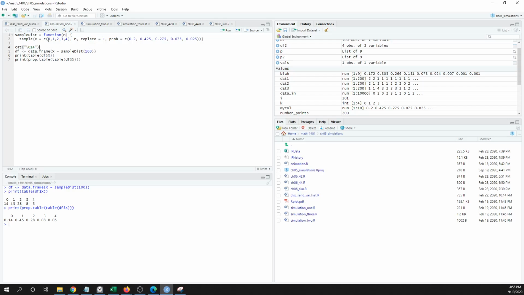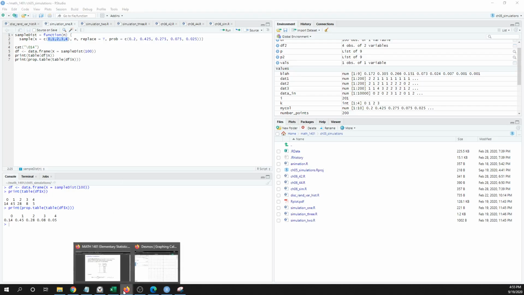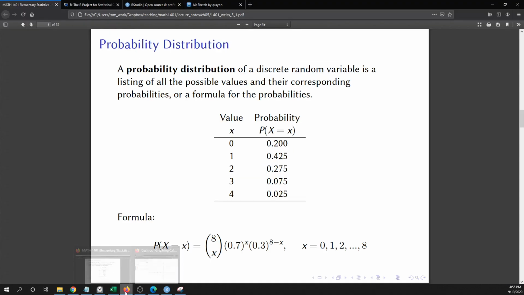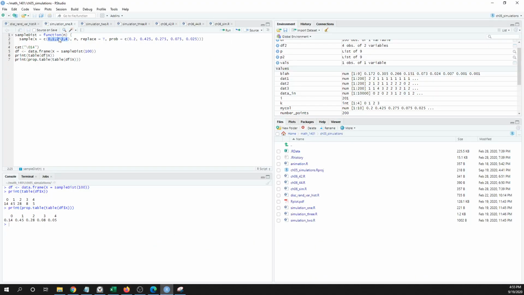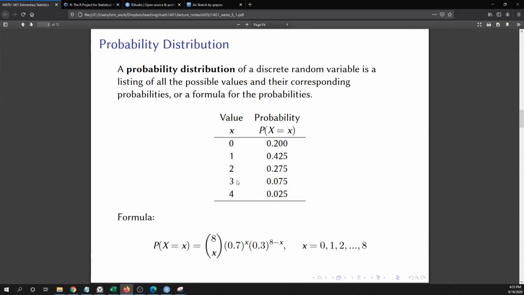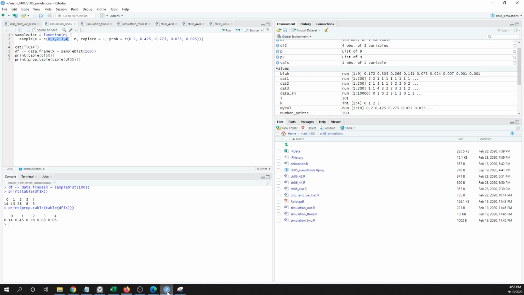You can see I have the values right here, 0, 1, 2, 3, 4, and here are the probabilities, right, that are listed in that table. 0.2. Probability of 1 is 0.425, just like I have here. Probability of 2 is 0.275, and so on and so forth, okay?